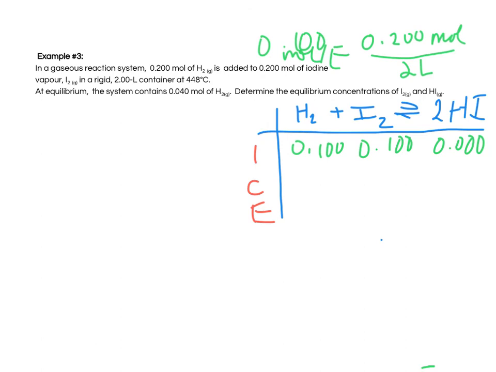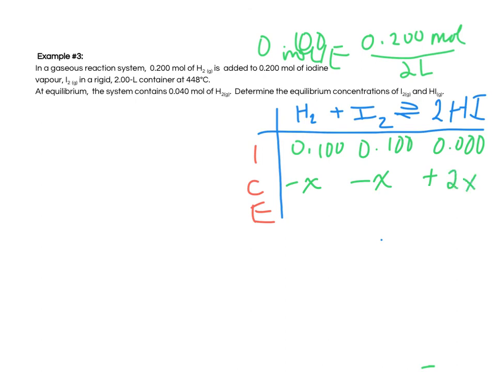And so let's write out what the change is. I know the amount of H2 that I have is going to decrease by X. And likewise, due to mole ratios, I should experience the same change in the concentration of my I2, my iodine. I'm going to expect that all of those hydrogen and iodine atoms are going to join to make HI, so the amount of HI should increase by 2x.